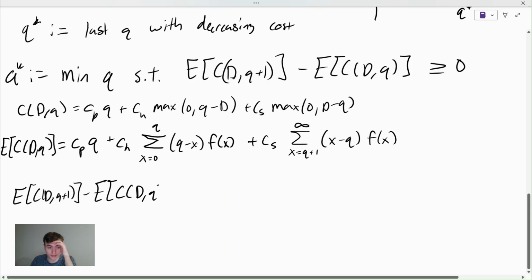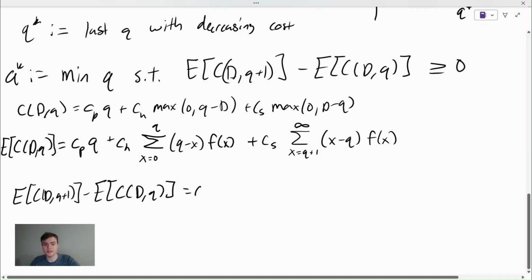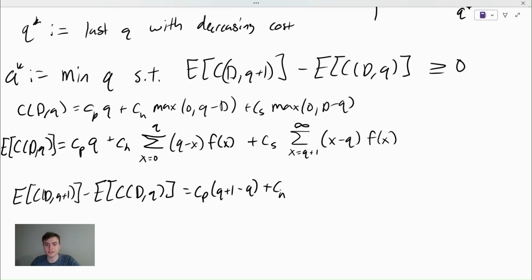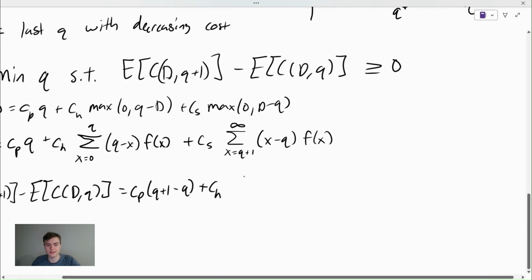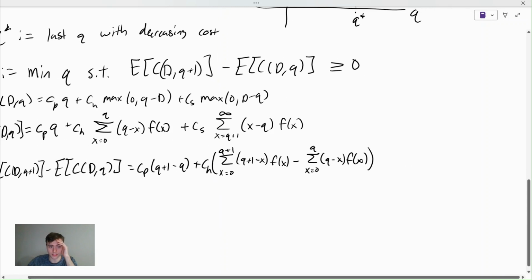C D Q is like, we're going to take this function, plug in Q plus 1, subtract the Q. Q plus 1 minus Q plus CH, right? Sum x equals 0 to Q plus 1 is when we plug in Q plus 1. Q plus 1 minus x, f of x. Subtract when we plug in q, sum from x equals 0 to q, q minus x, f of x. And that's all multiplied to the holding cost at the end.